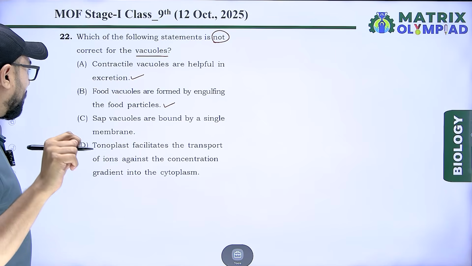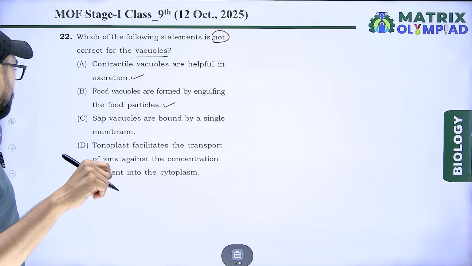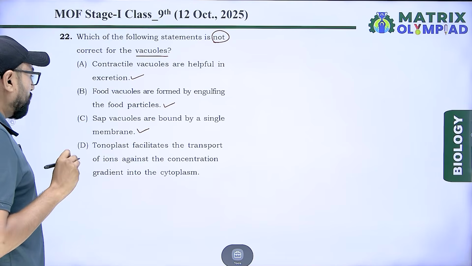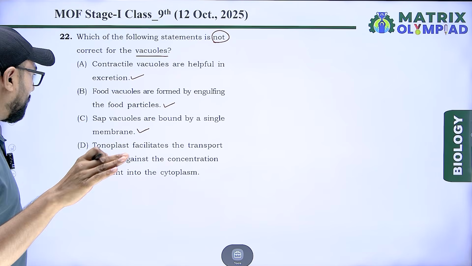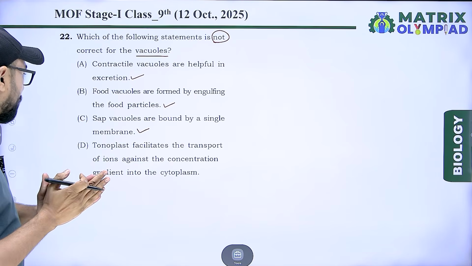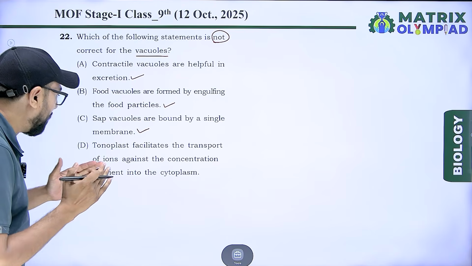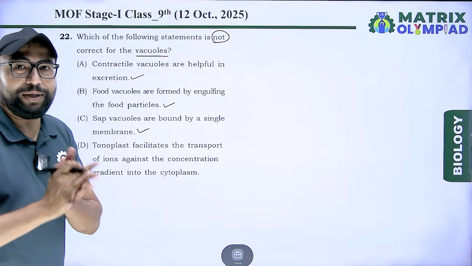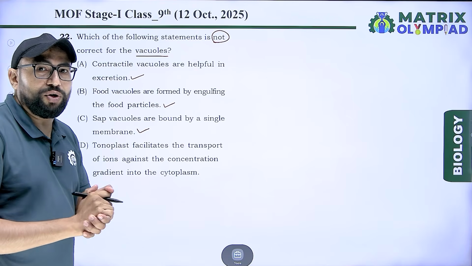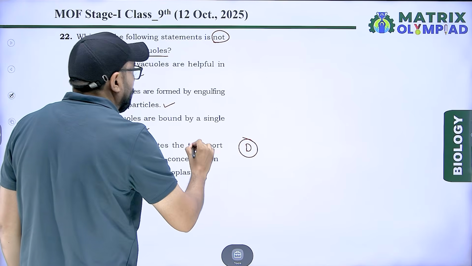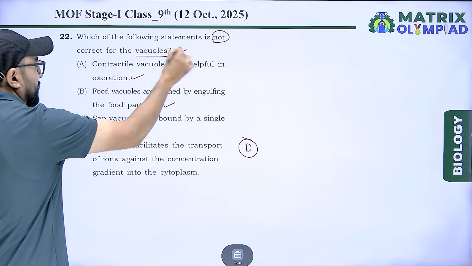Sap vacuoles are bound by a single membrane, that is right. Tonoplast facilitates the transport of ions against the concentration gradient into the cytoplasm, that is wrong. So option D is correct.